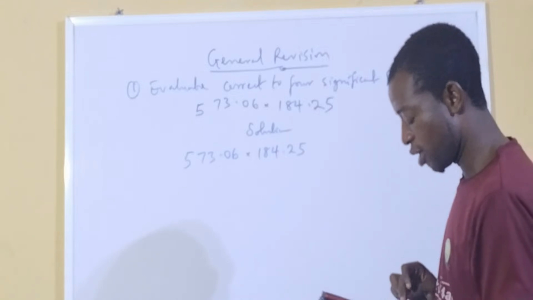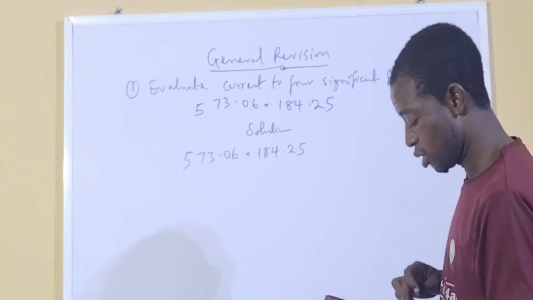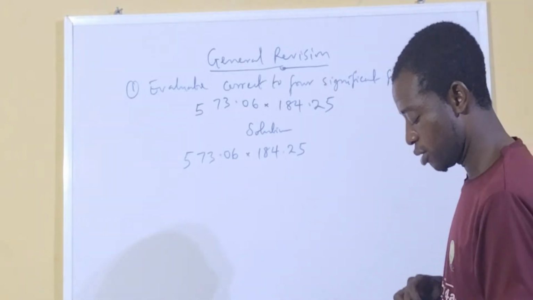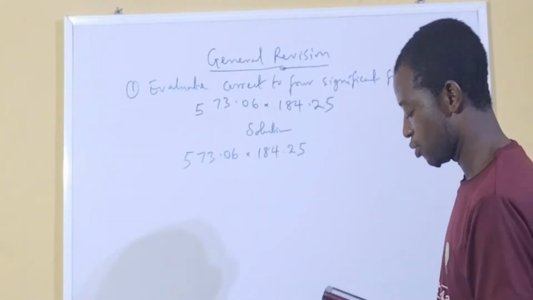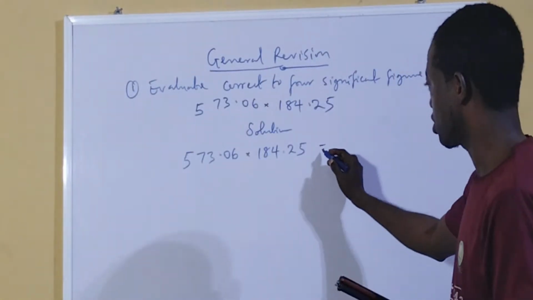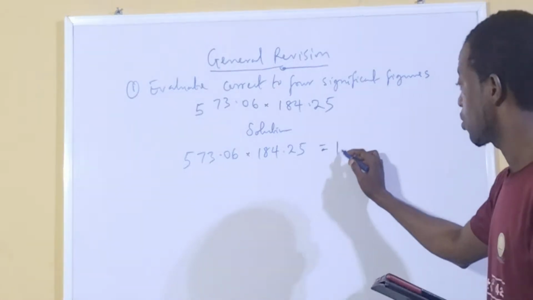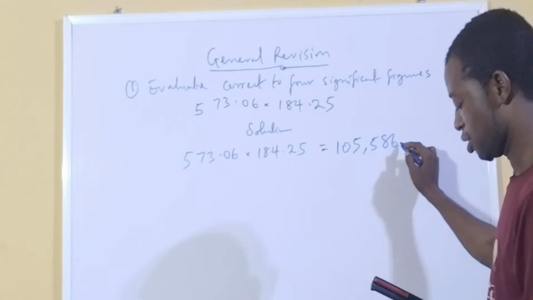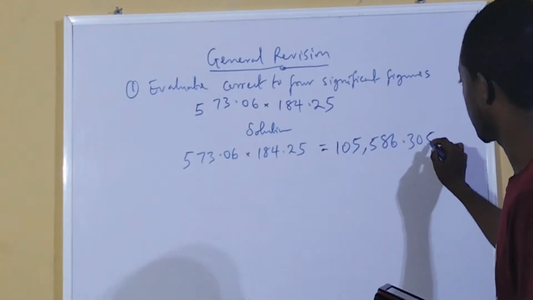So this, 573.06 times 184.25, gives 105,586.305.